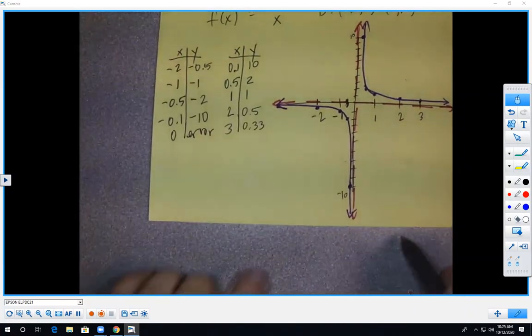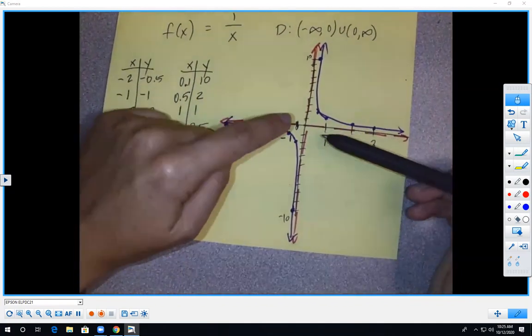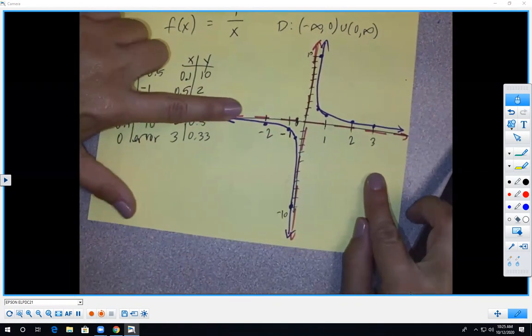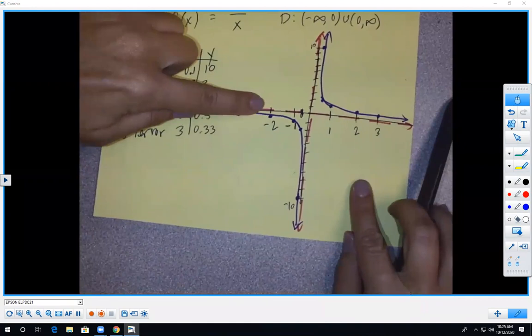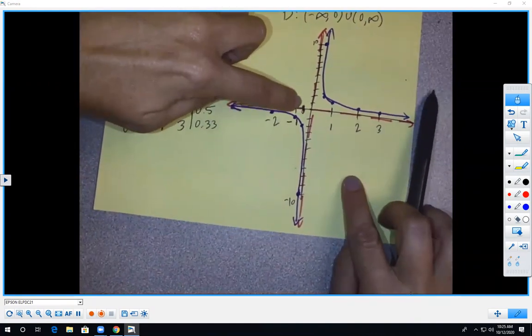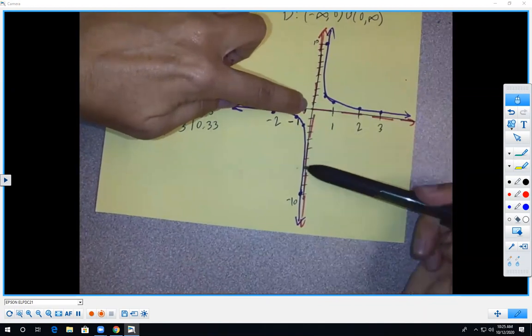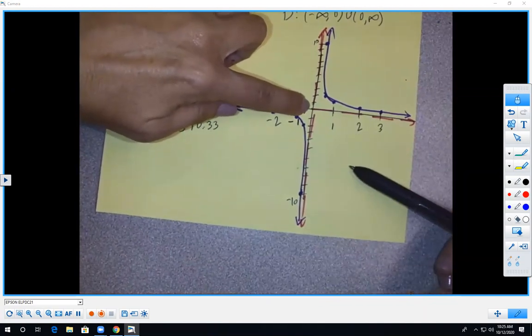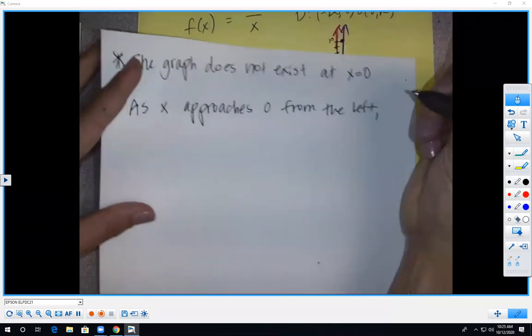So look at your x values on your graph. We can approach 0 two different ways. We can come at 0 this way, or we can come at 0 from this way. If we're coming at it from the left, what does your graph do? As I'm getting closer and closer to 0, what is your purple graph doing? Going down, right? So as x approaches 0 from the left, the graph goes down.